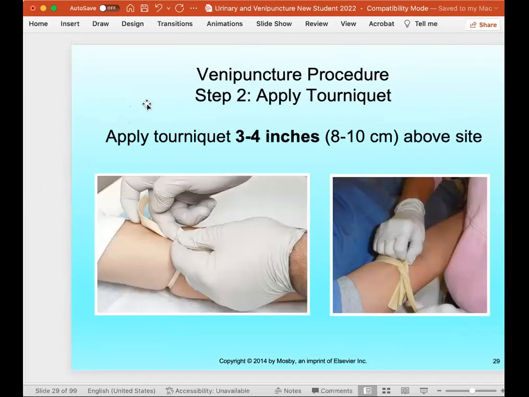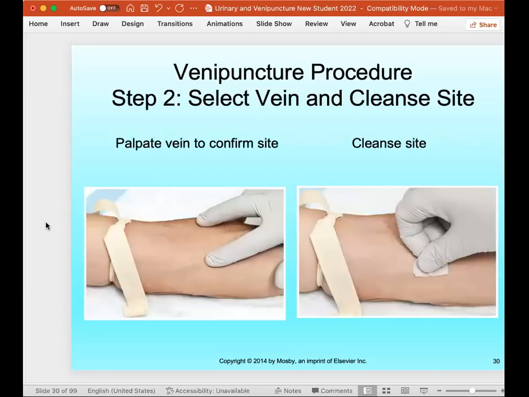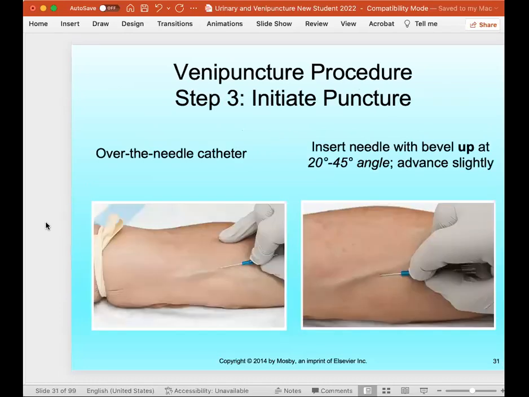The tourniquet should be applied 3 to 4 inches above the site of injection, which is usually in this area right here by the elbow. Palpate the vein to confirm the site, then clean the site and initiate puncture. For the over-the-needle catheter, insert the needle always with the bevel up at a 20 to 45 degree angle, then slightly advance.